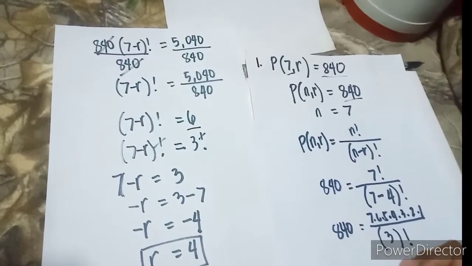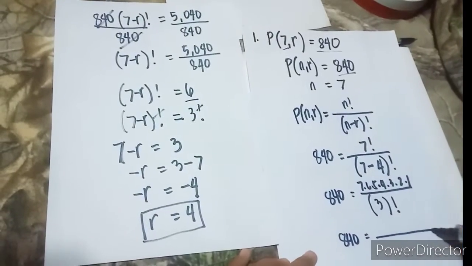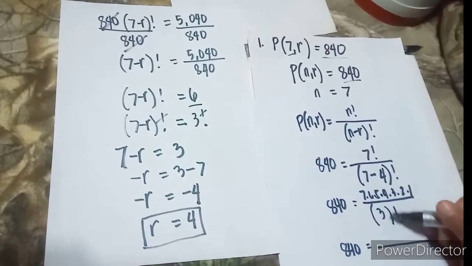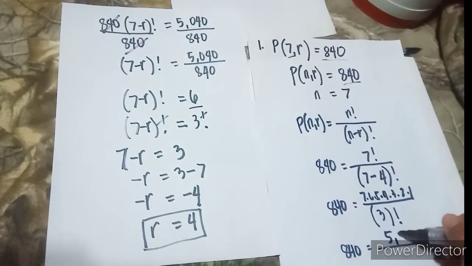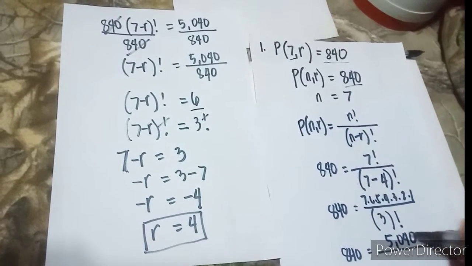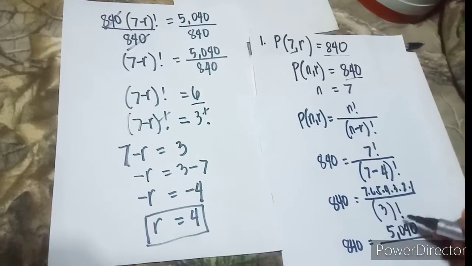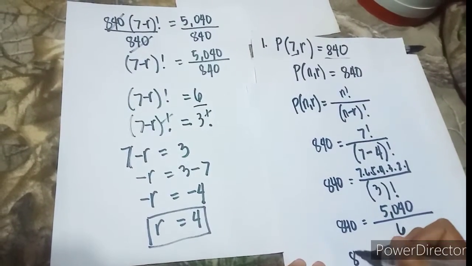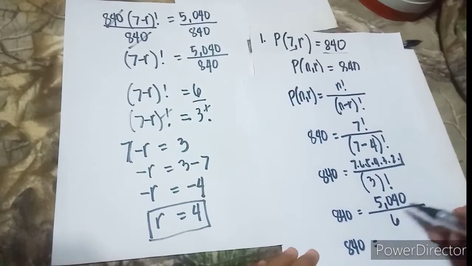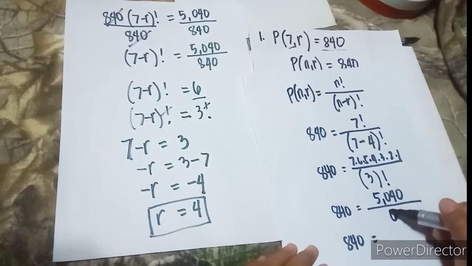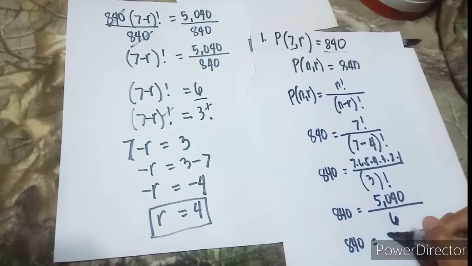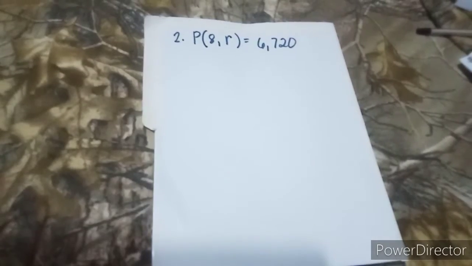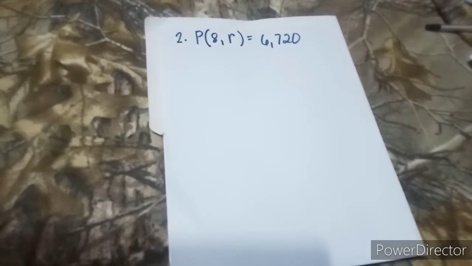Now 840 is equal to, multiplying all these numbers, we get 5,040. 3 factorial is 6. So 840 is equal to 5,040 divided by 6. We get 840. So check.